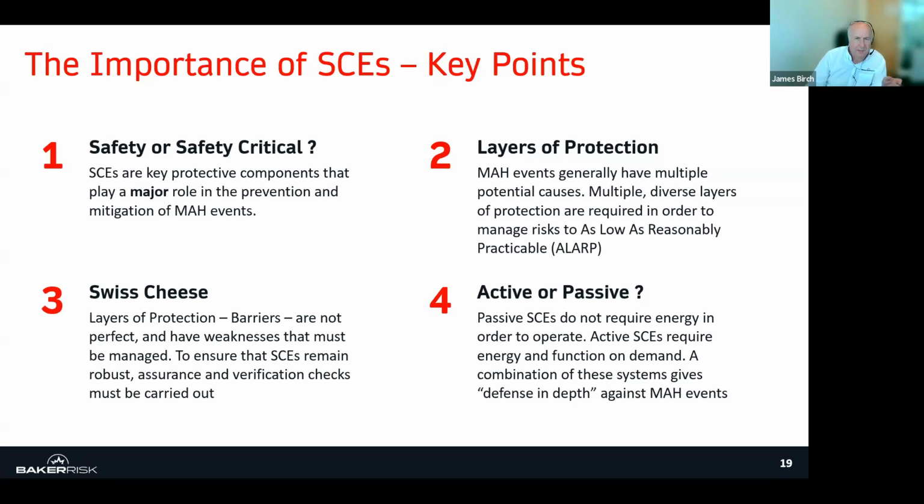The concept of the Swiss cheese tells us that the barriers may not be perfect. We need that chronic unease, that vigilance to keep checking, to keep looking for weaknesses and fixing them. And then finally, the idea of both active and passive barriers. So that hopefully sets some terms I'll be using later on, and really why SCEs are important in dealing with major accident hazards.